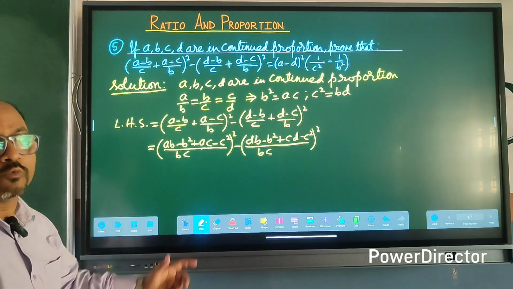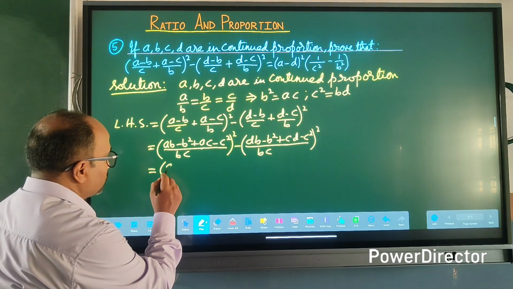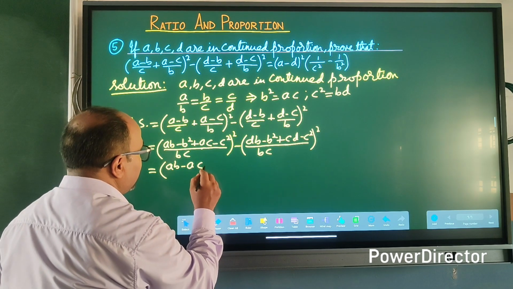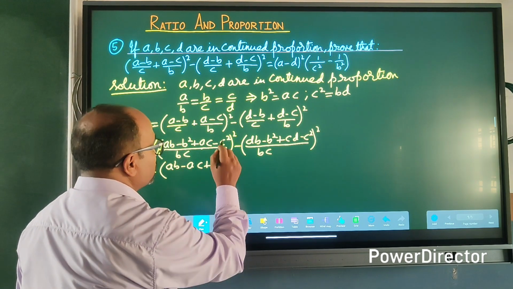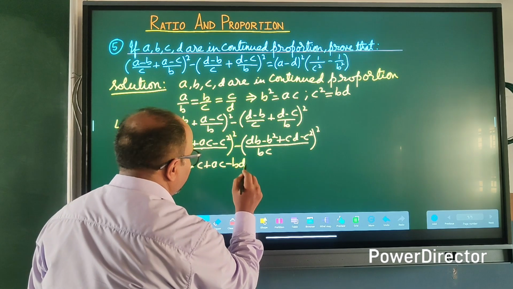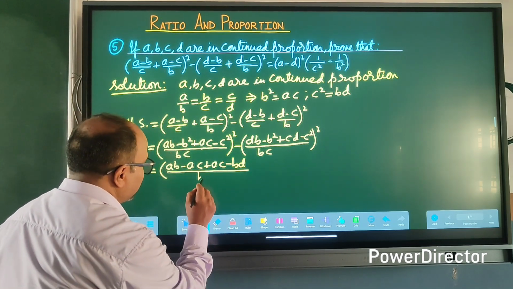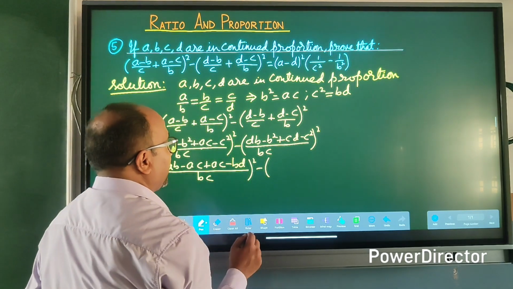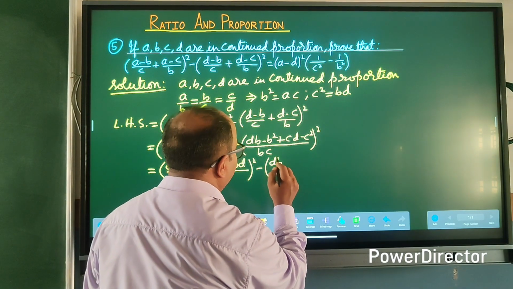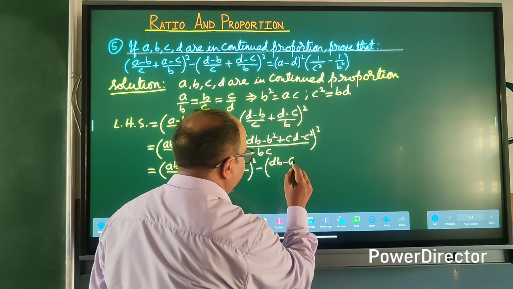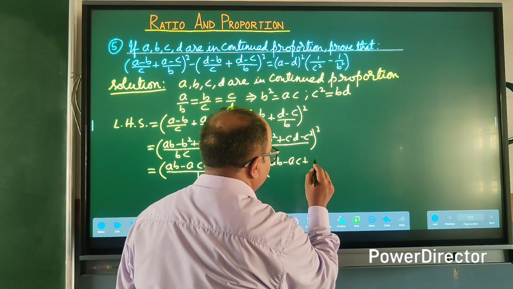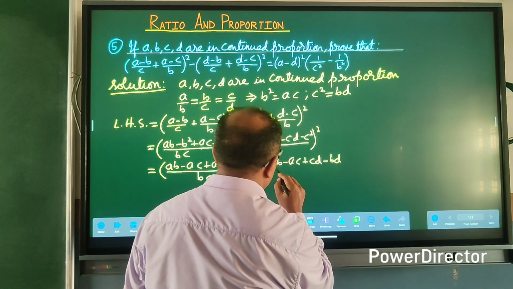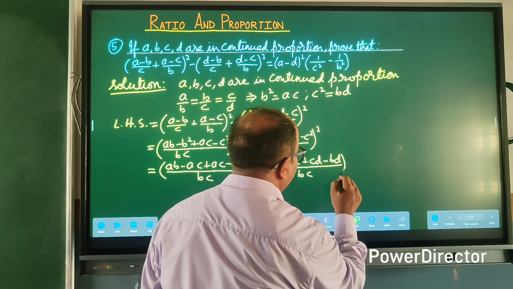Now we will substitute what values we know. So AB is copied. Now B square is coming, which I will put as AC plus AC. Then the C square will be put as BD by this BC written. Then again over here, I will do the same thing. BB minus B square will be written as AC and plus CD, and C square will be written as BD by BC and then the square written.